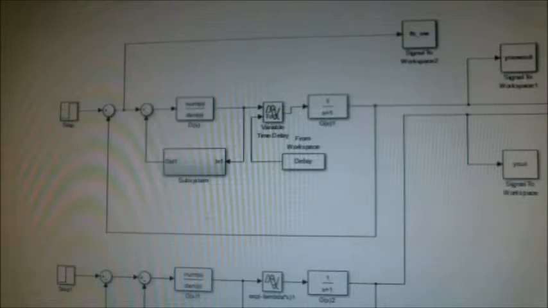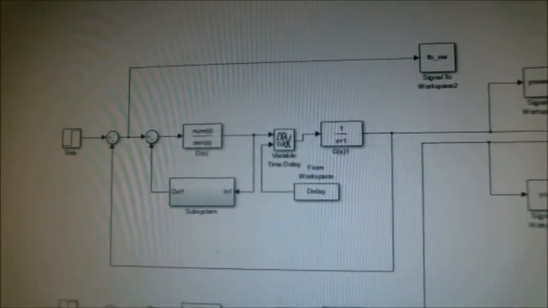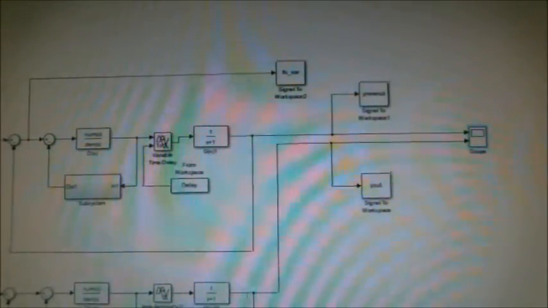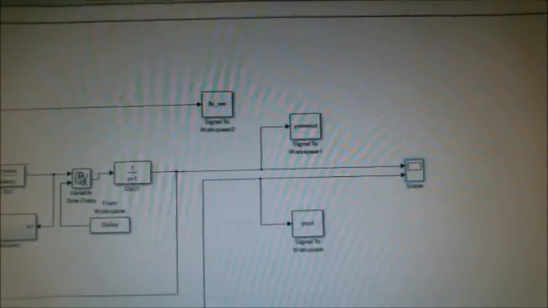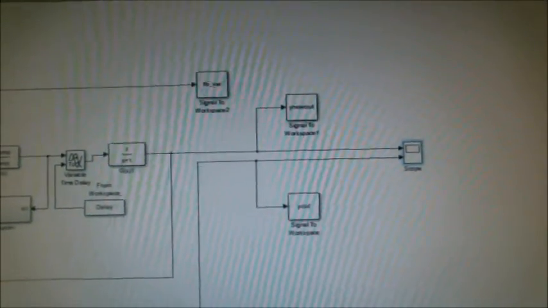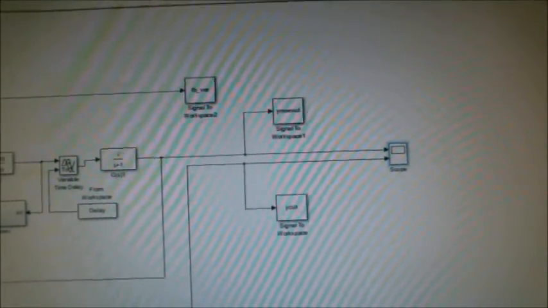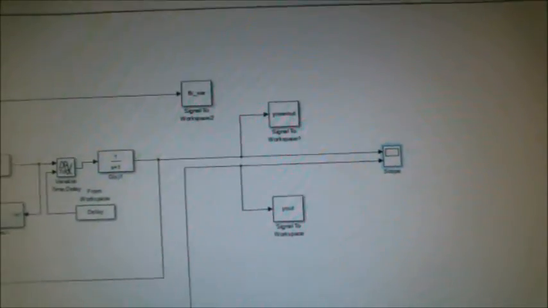The only difference between these two is that the delay as input from the workspace can vary. And then as seen on the output here, we can output the nominal on bottom and the variable systems to the workspace, where we can plot the different error metrics that we have.